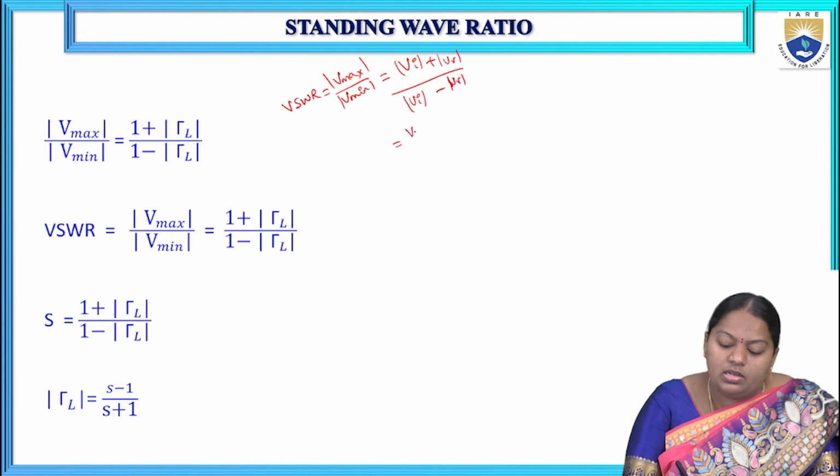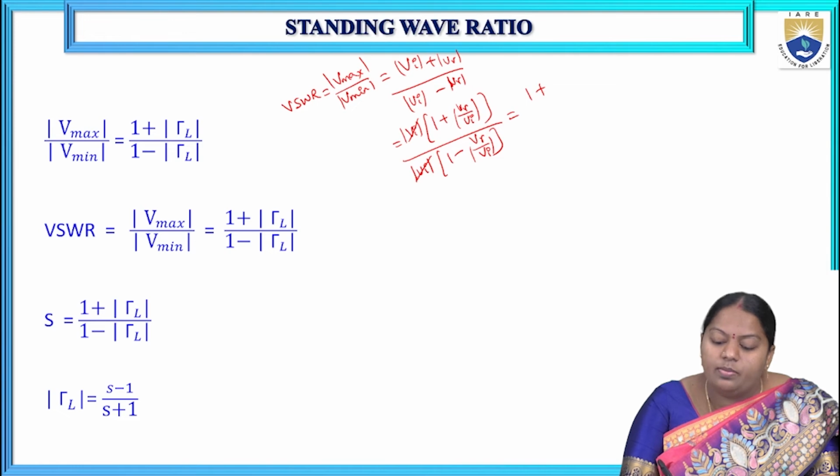In both cases, if you take modulus of VI as common, then it becomes 1 plus VR by VI, and in the denominator also, if you take VI as common, then 1 minus VR by VI. So this VI and this VI get cancelled. The reflected wave voltage to the incident wave voltage is given by the reflection coefficient gamma L, with the magnitude, so 1 plus gamma L over 1 minus gamma L with the same magnitude.